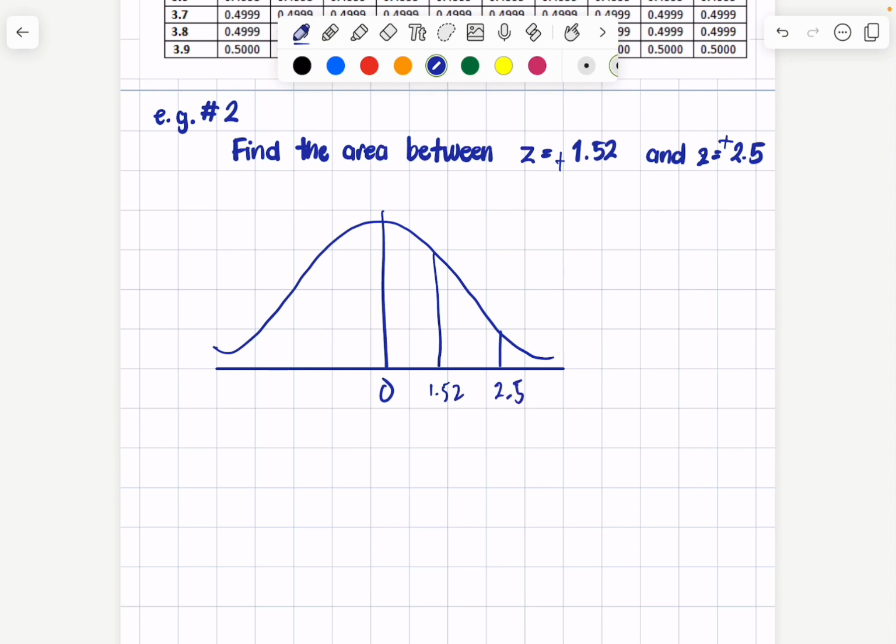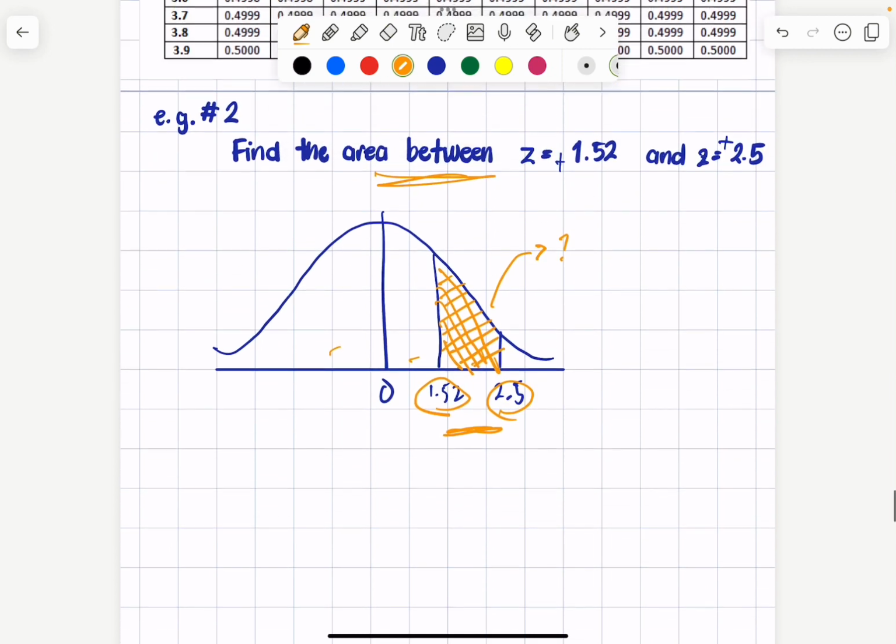So asa man dahil ang atong gipangita diri? Asa man ta mag-shade? Is it here, here, or here? So ipangita between ni 1.52 and 2.5. So kani siya nga area. Kani. Imo dahil na siyang i-shade para kabalo ka asa mo'y gipangita. This is the missing part.